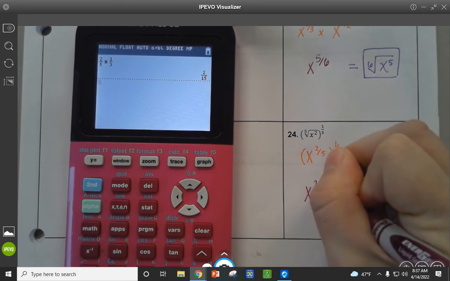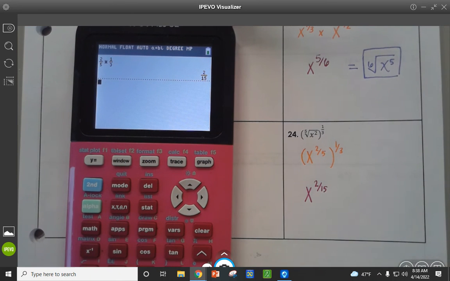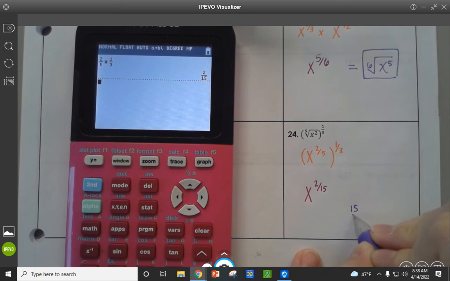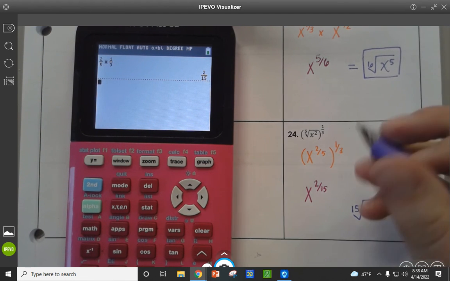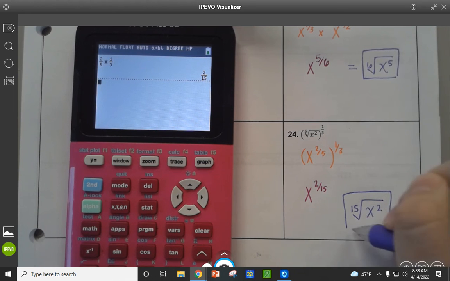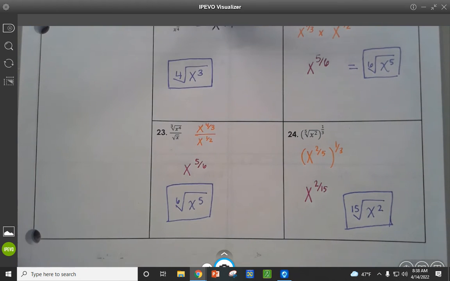And we get x to the 2/15, which is the 15th root of x squared. And we can't take out any x's and have a multiple of 15. And that is all for this lesson.